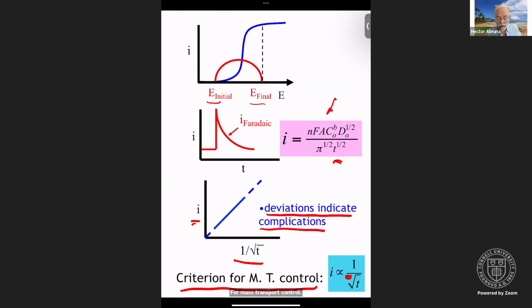If we recall, when we were talking about RDE, from the Levich equation, we mentioned that our criterion for mass transport control is that the current was proportional to the square root of the rate of rotation. Is there any similarity between that and that?